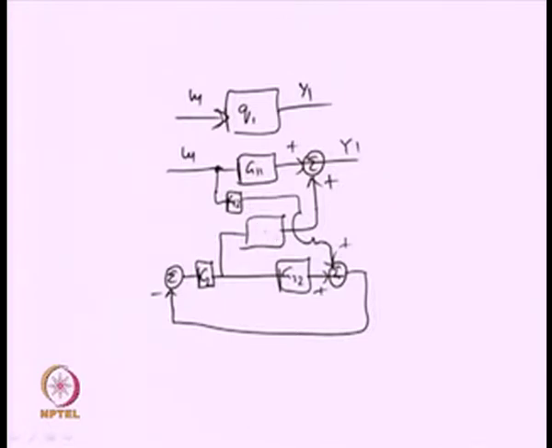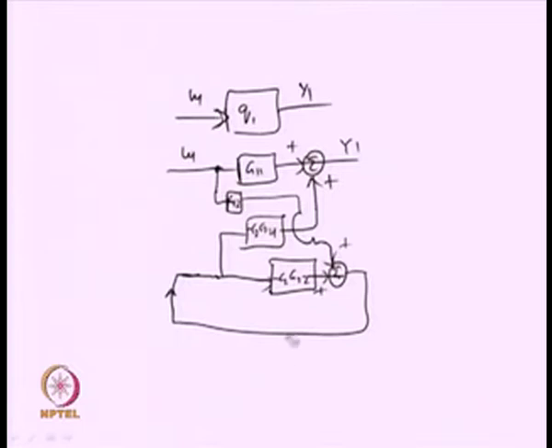Please allow me to write minus C2 G21, then this block will go out, and then I will have minus C2 times G22.